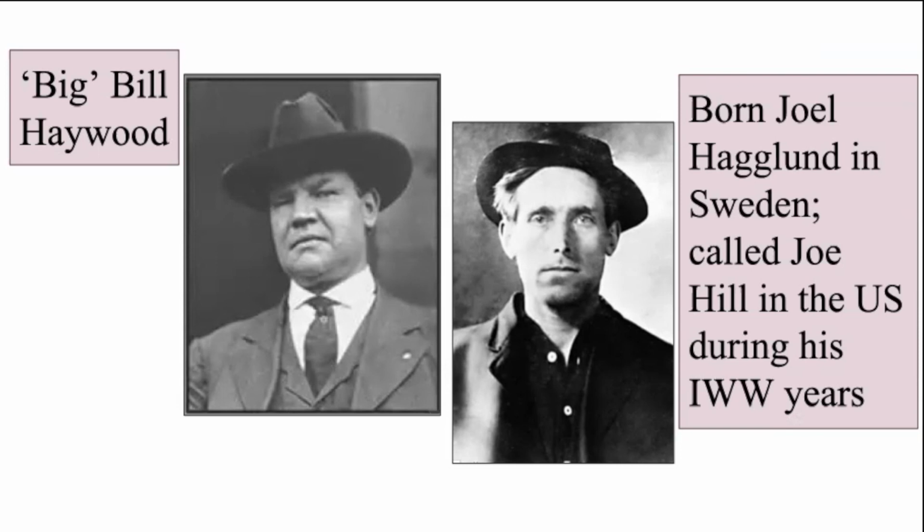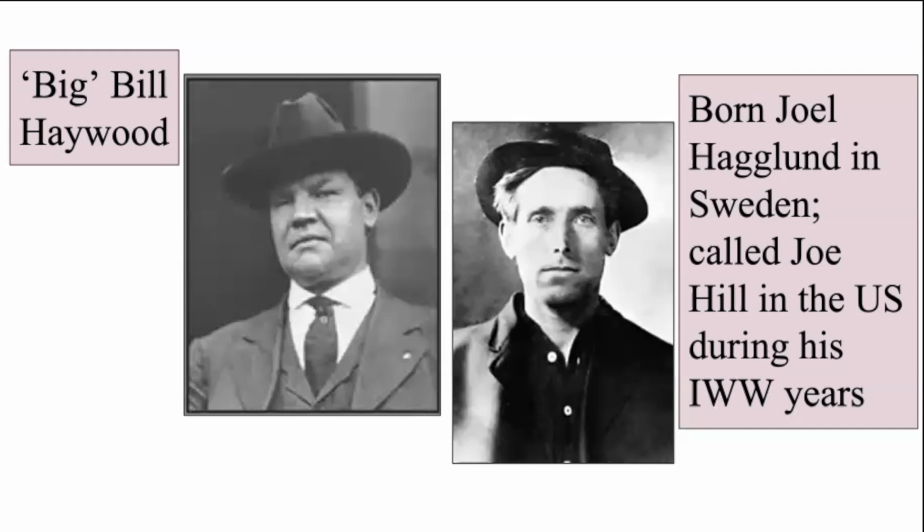As I said, we are now really into the second half of the time period for Module C, 1900 to World War I. You will see books and websites say that the IWW was founded by Big Bill Haywood here on the left and Joe Hill on the right. This is one of those cases in which writers try to squeeze something into terms they know, even when they don't really fit.